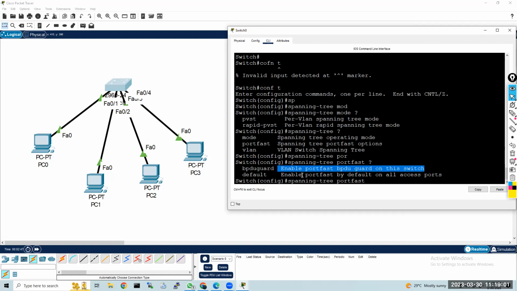It is recommended to go for default. If you want to be specific, you can select a few ports and make only those ports BPDU guard or PortFast. Understood, guys?